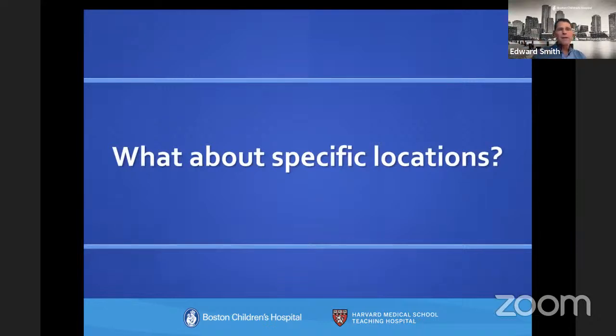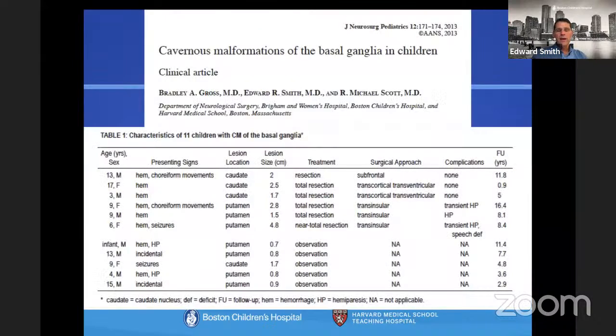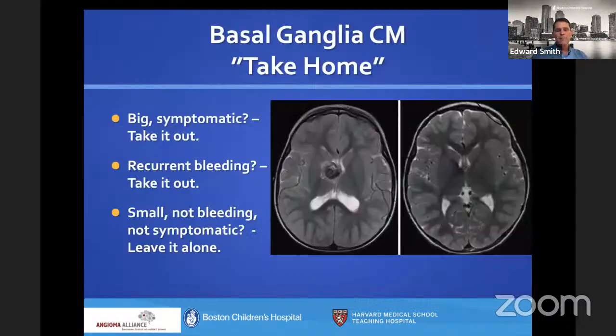To get a little more granular, people say, well, how do these behave in specific locations? And so we looked at, for example, the basal ganglia, and we found that if you have a deep basal ganglia lesion, a lot of them will present with choreiform movements or seizure. Basically, what we found is that if these lesions are growing or they're symptomatic, they're usually amenable to surgery and can be removed.